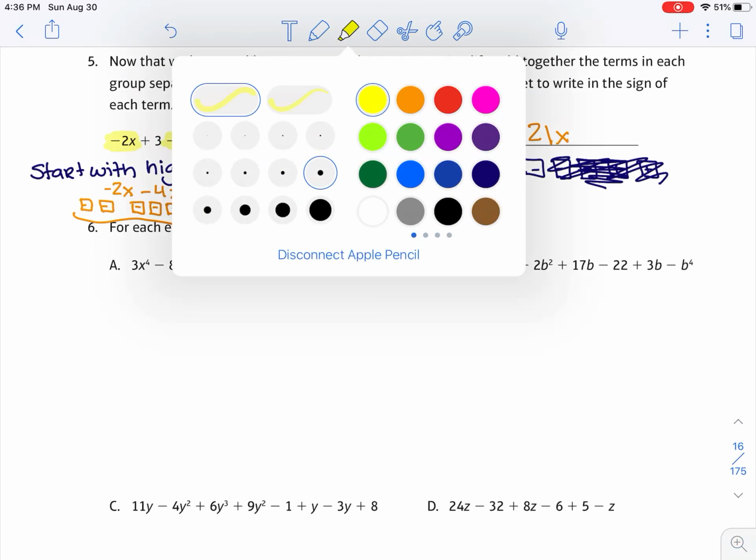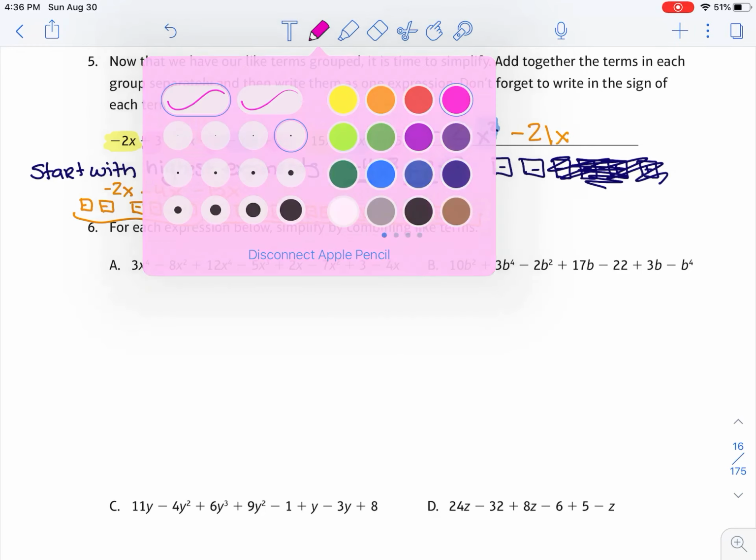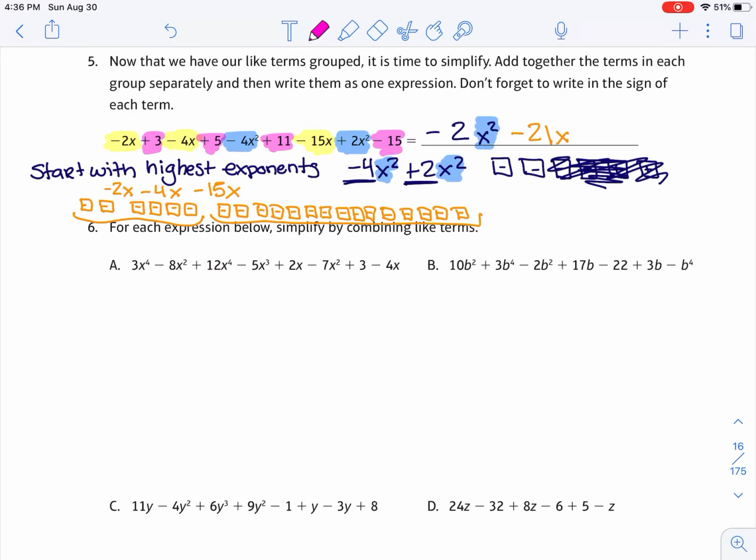Then I have my pink ones. My pink ones were just my plain numbers. So I have 3 plus 5 plus 11 minus 15. 3 plus 5 is 8, plus 11 gives me 19, minus 15 gives me positive 4.